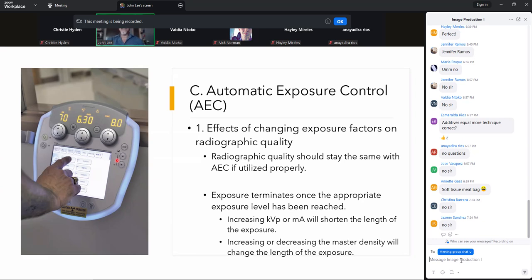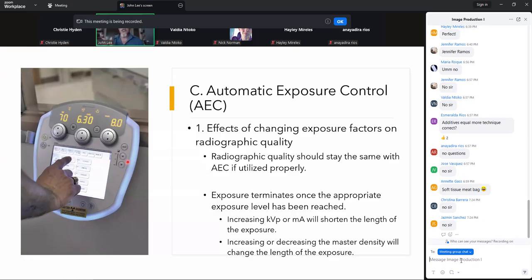Adjusting the kV and the mA is for adjusting how long the AEC operates.